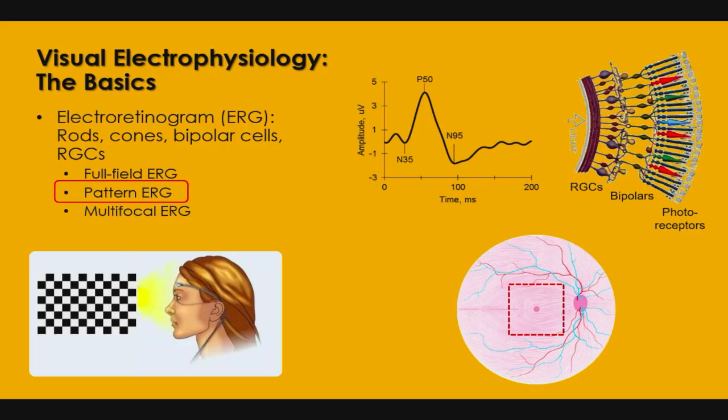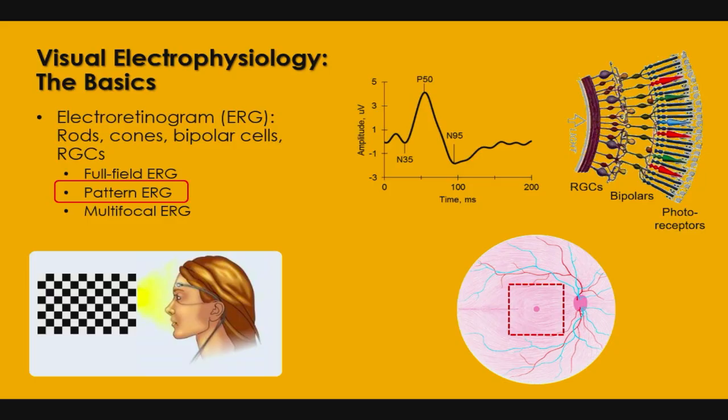But you need the photoreceptors to drive the signal. If you don't have photoreceptors, forget it, it's not going to go to bipolar, it's not going to go to ganglion cells. So a bit of the photoreceptor response is captured in this P50, and then the N95 represents most of the retinal ganglion cell.